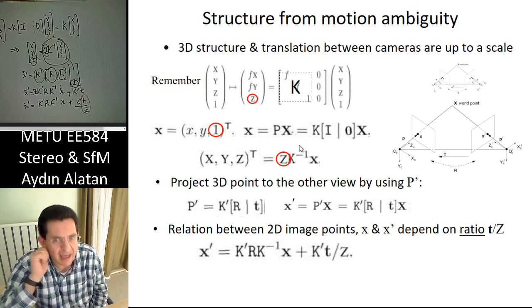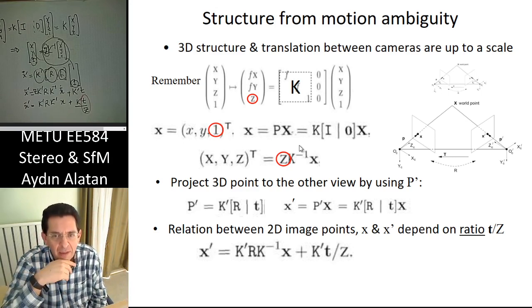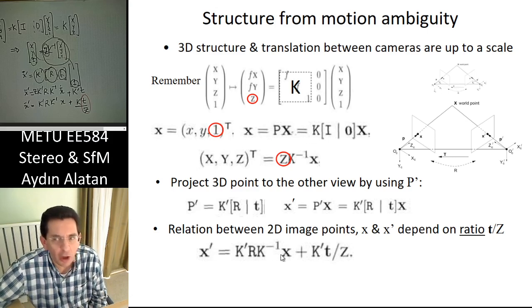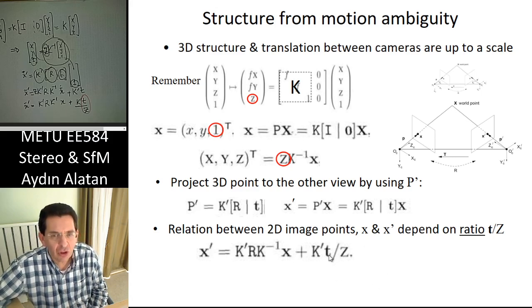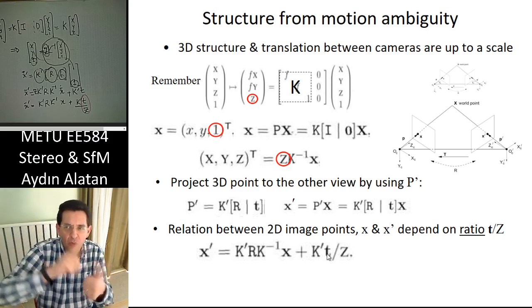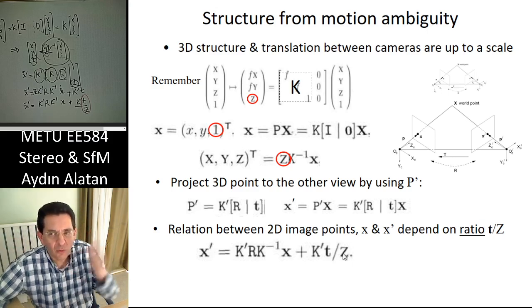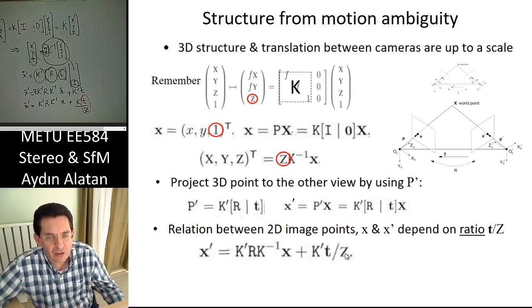The ratio says: multiply your T by 2. If you multiply the Z by 2, the 2D projections don't change. With the same 2D projections, you can obtain any kind of solution where the T magnitude is 1, 10, 100, because you can multiply all the Z values by 1, 10, 100 as well.